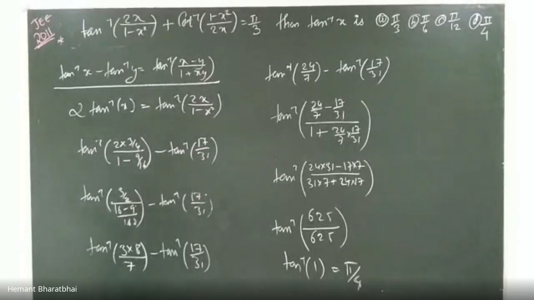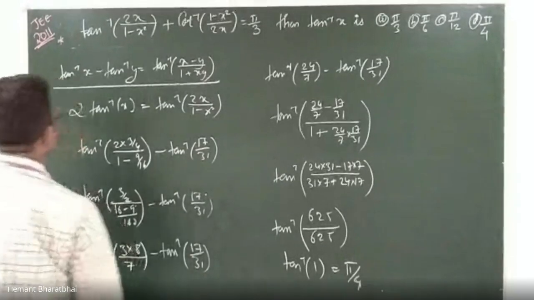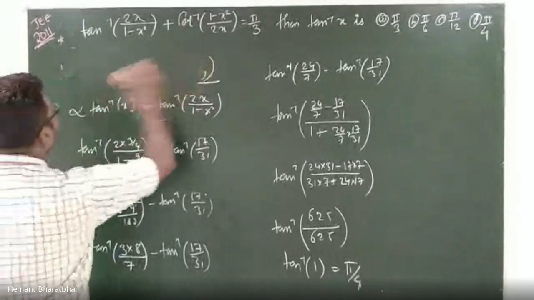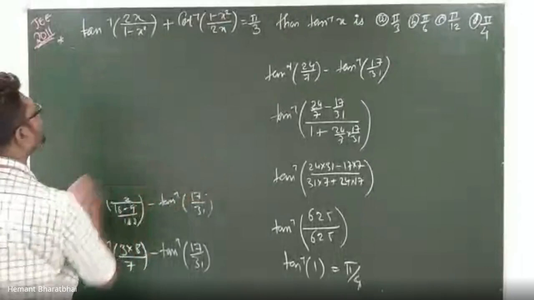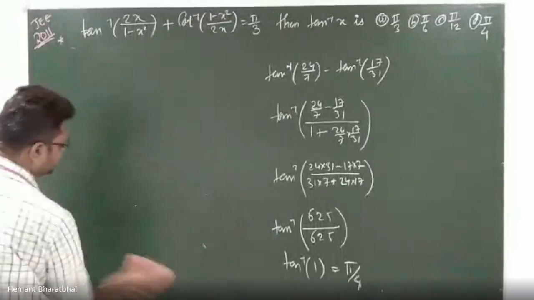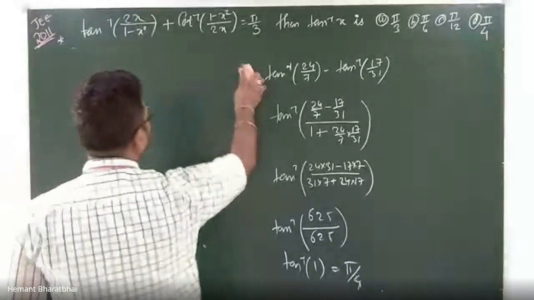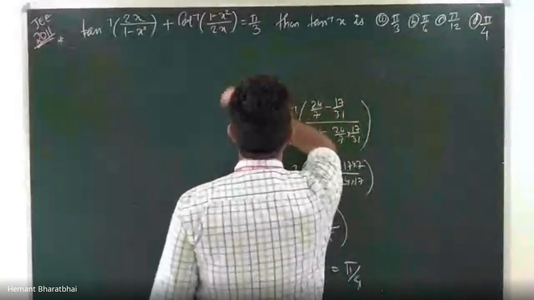Will you be able to solve this? Tan inverse of 2x upon 1 minus x square plus cot inverse of 1 minus x square upon 2x.